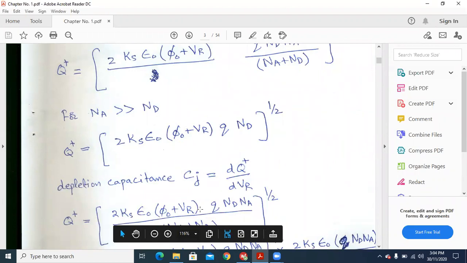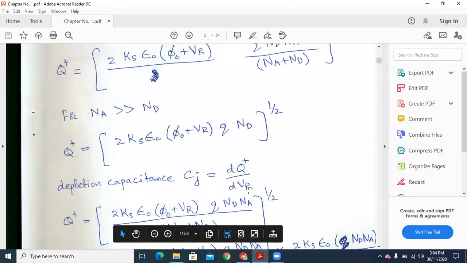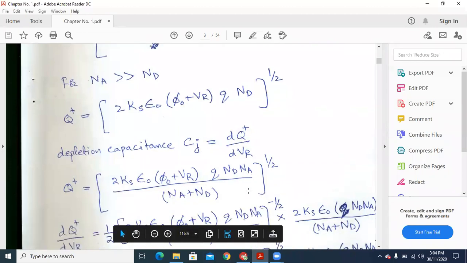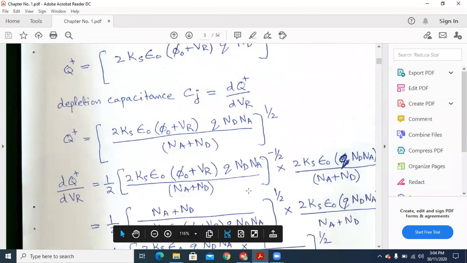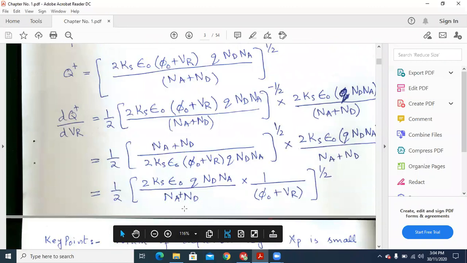Now you can see that the depletion capacitance is a function of the reverse bias voltage, so differentiate this charge with respect to the reverse bias voltage. The value of this derivative is given by this relationship, and it represents the value of the depletion capacitance.